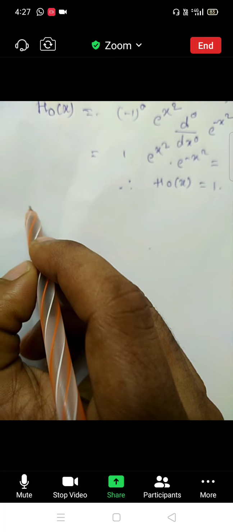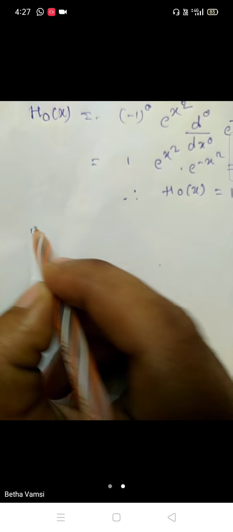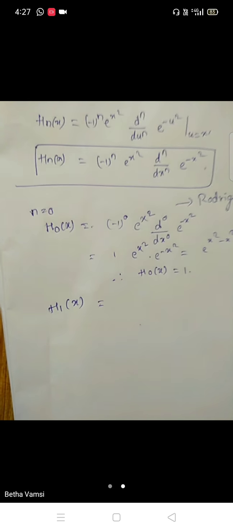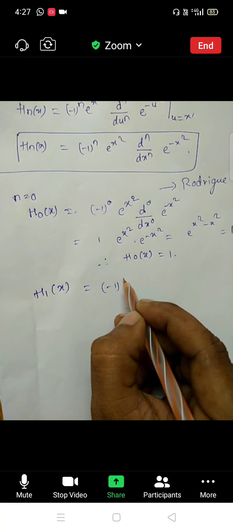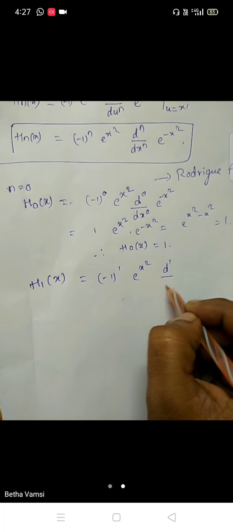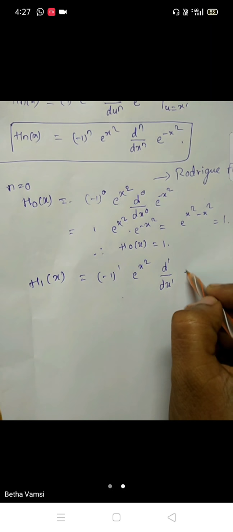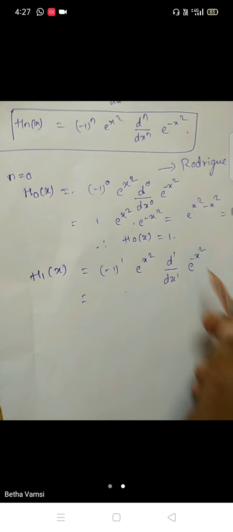Okay, so let's find out the value of h1 of x. Keep n equal to 1 in the Rodrigues formula: minus 1 whole power 1, e power x square, d power 1 by dx power 1 of e power of minus x square. Now we have to take the first derivative of e power of minus x square.